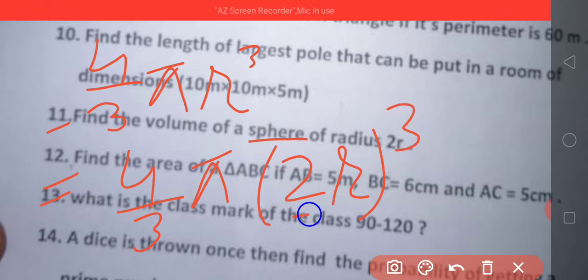So this is 2 cube, that is 8, 8 4s are 32, right, by 3 pi and r cube. You can leave it here because we have not been given the value of radius. So you can take pi as it is, because no value is here to cut with 22 by 7. So you can leave it here.